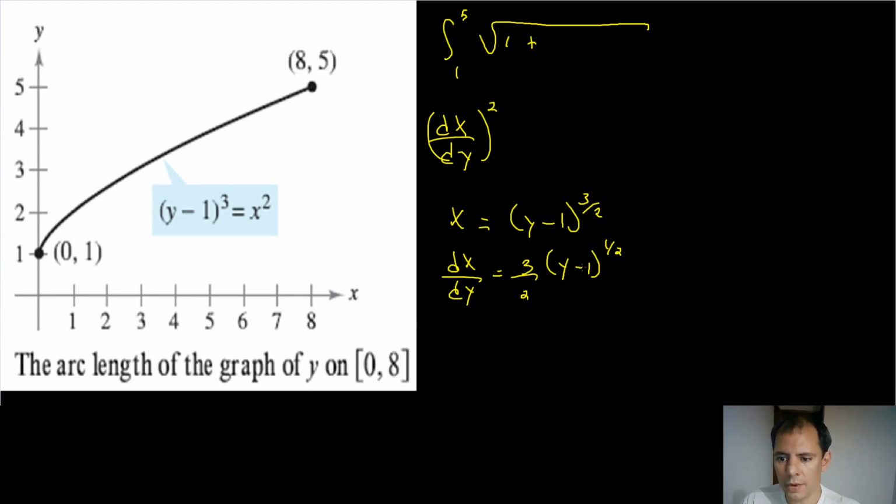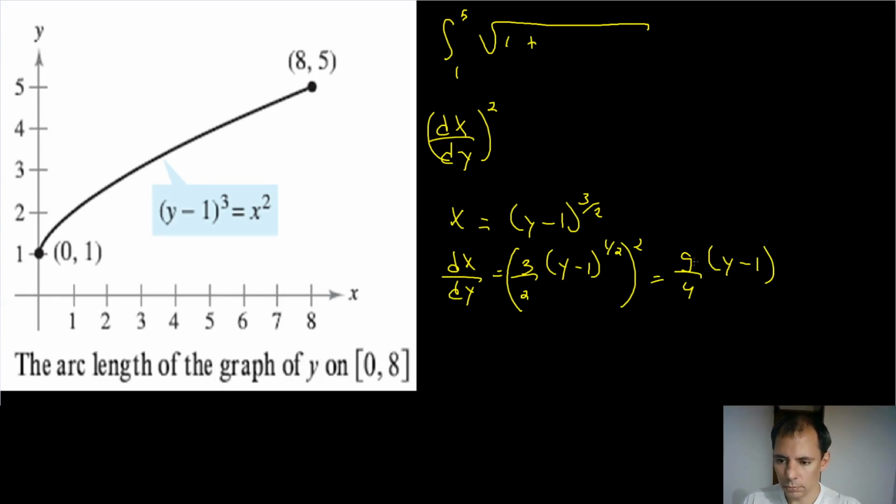The derivative of the inside function with respect to y is just 1, so forget about it. So you got to square this stuff. Why? Because look, you have to square it. So squaring this is going to be 9 over 4 times y minus 1. That's what you get.